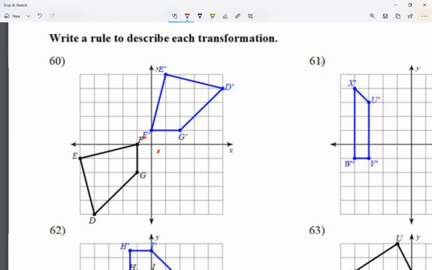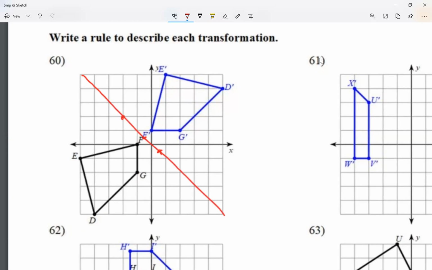Then the E's, E and E prime, I put a point right in the middle. And then D and D prime, if I mark a point right in the middle, is about right there. Interesting though is that those points are collinear. My midpoints are collinear. Collinear is basically that I can draw a line that goes through them. You can see my line here.